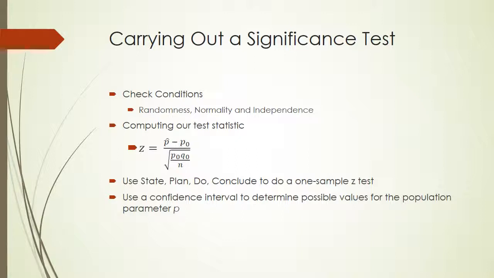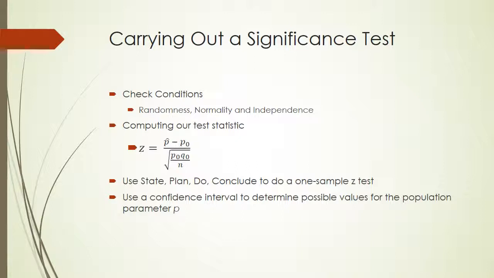Okay, so to carry out a significance test, you first need to check your conditions. You need to check for randomness within the study or experiment. You need to make sure the data is normal, and you need to make sure it's independent. And so if you've conducted all three of those condition tests and they check out, then you can start to compute your test statistic, which is represented by the equation on the screen.